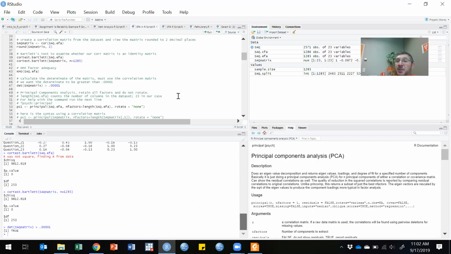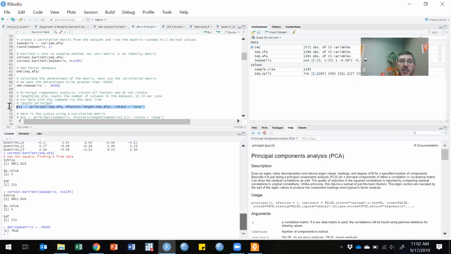I could either type in 23, which would be the number of variables in our data set, or I can have R count the number of variables in our data set. That's just the length of the data set. You can do that if you didn't know how many variables are in there, or you're too lazy to go in there and count it.